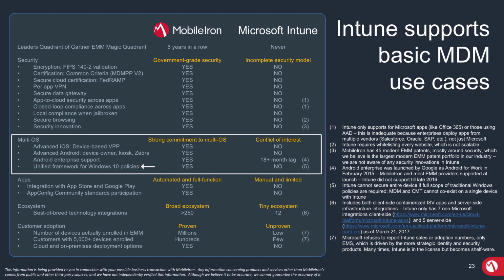So then I have to make the choice, well, oh, I have to move back to a CMT model. So coexistence is complicated. What we believe is when you're making the move from legacy to modern, you need to do a flash cut, right? You need to be able to say, I'm going to move modern devices into this model. I'm not going to give up the old capabilities I had, but I'm going to have a unified framework to be able to do that. That's what we've provided through MobileIron and MobileIron Bridge.